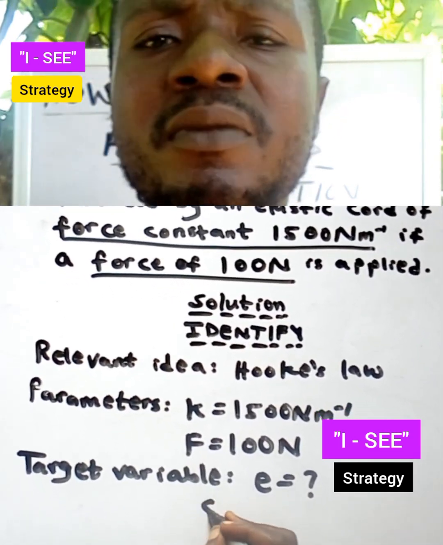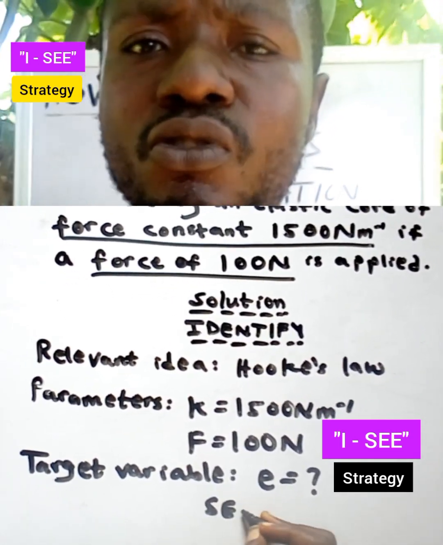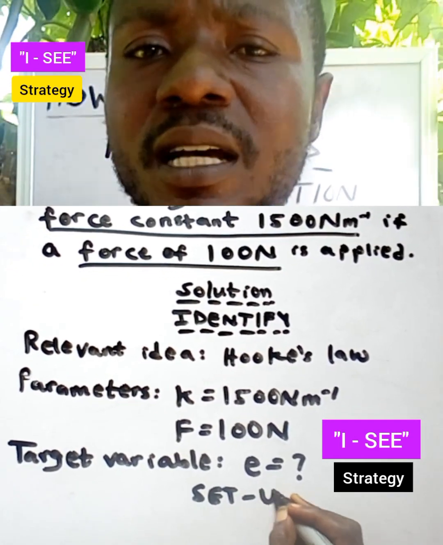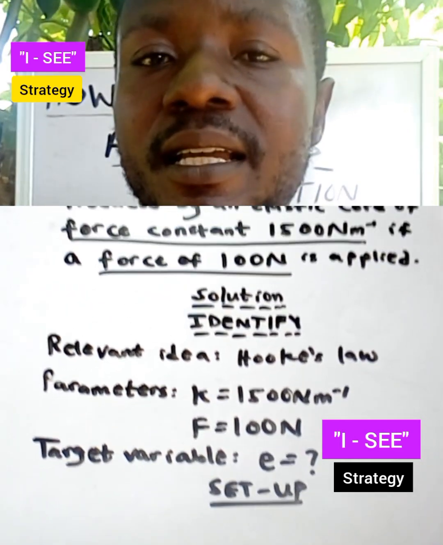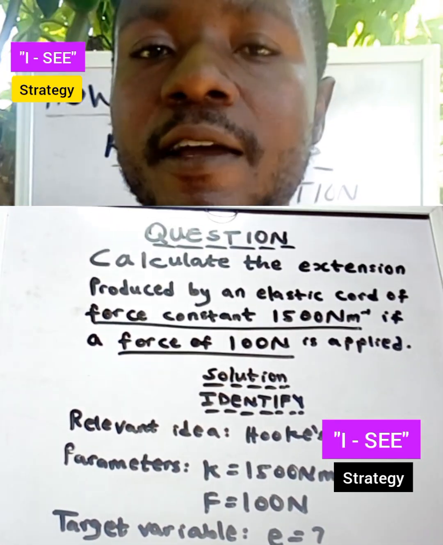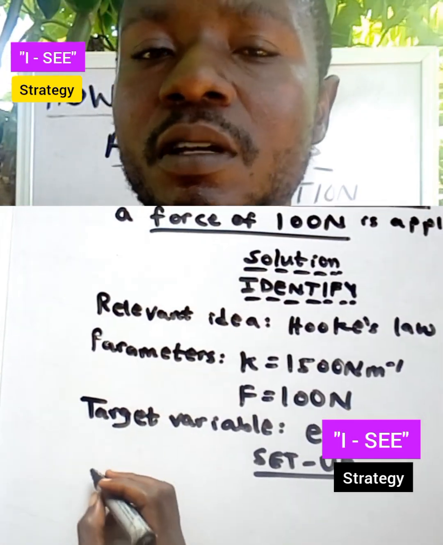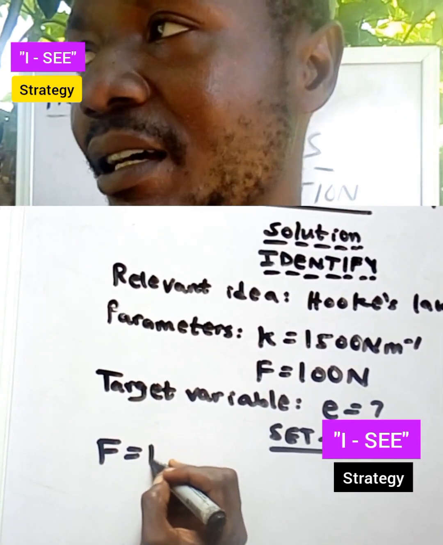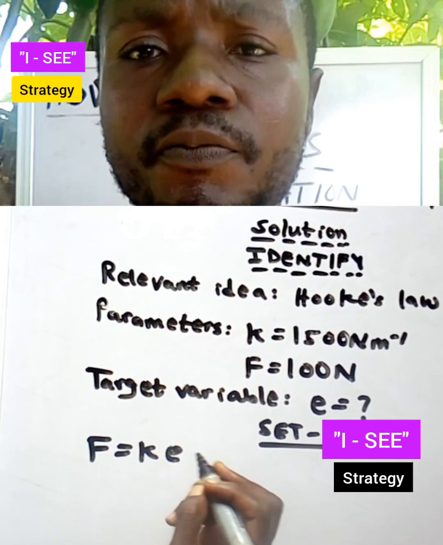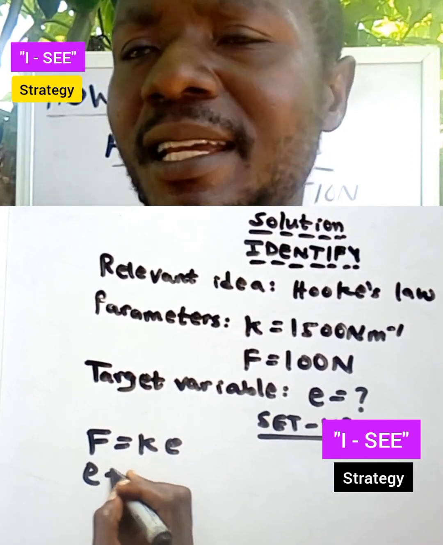All right, the next step is called the setup. Under the setup, this is the step where we write out the relevant formula that can be used to solve the given question. According to this question, the relevant formula is F equals KE, because that is the formula we can use to solve the Hooke's law question.